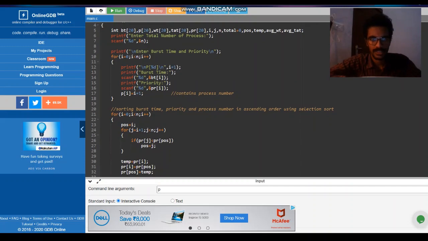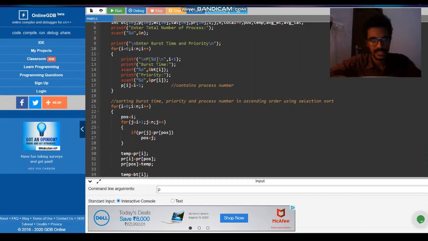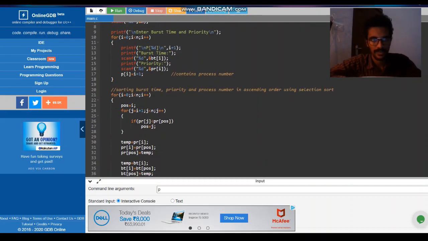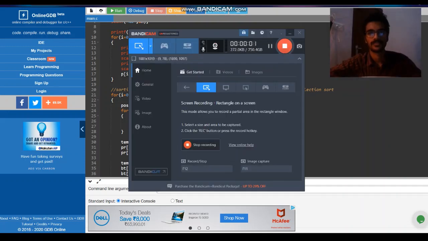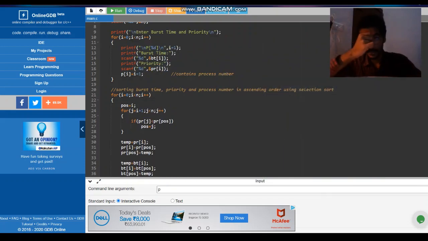Now I'm sorting the burst time, priority and process number in ascending order, and for that I'm going to use for i equal to 0, i less than n, i plus plus, pos is equal to i. For j is equal to i plus 1, j less than n, j plus plus.